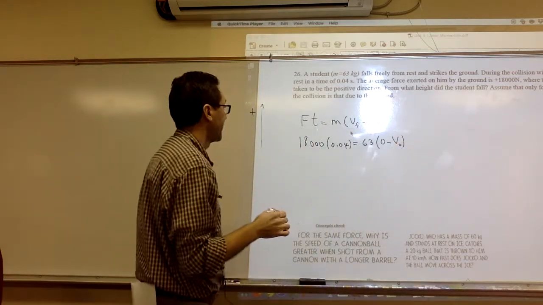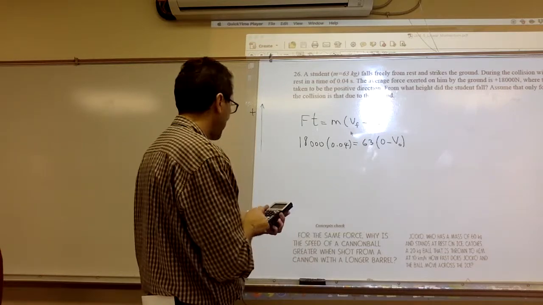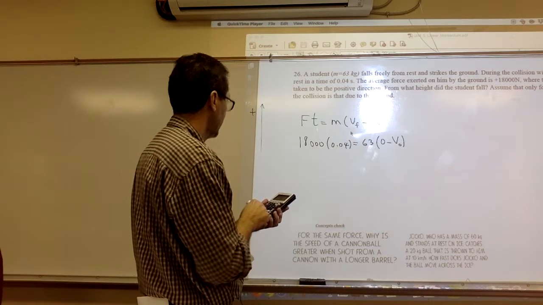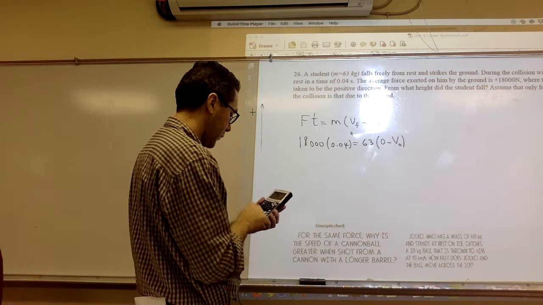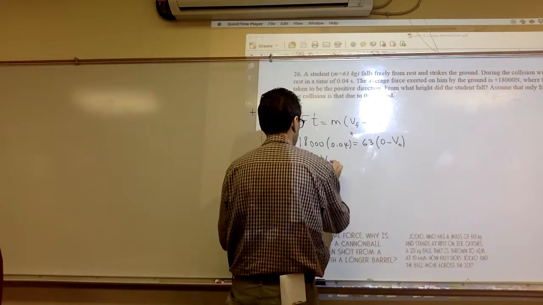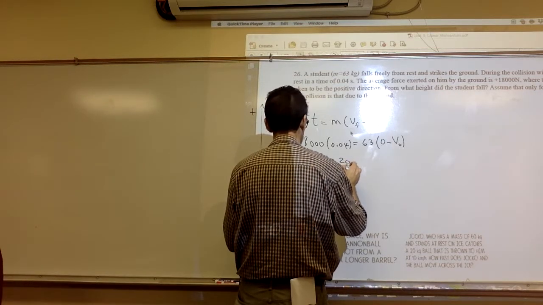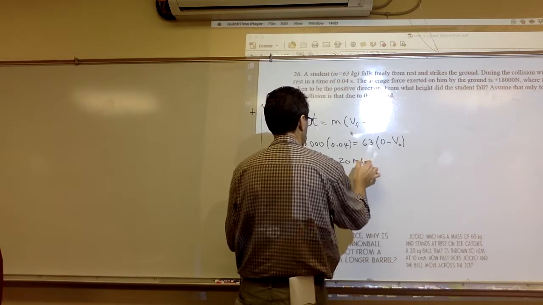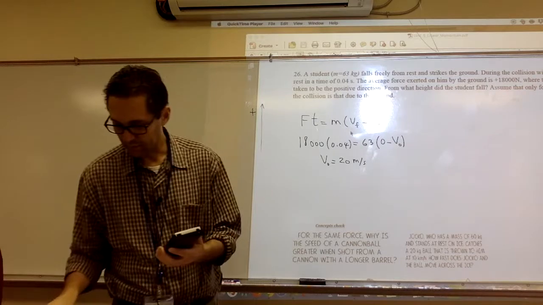Okay, so if we do the math correctly here, we should get, okay, 180 times 4 divided by 36. So I get an initial velocity of 20 meters per second. Let me just do that again. Actually, I have the answer here.